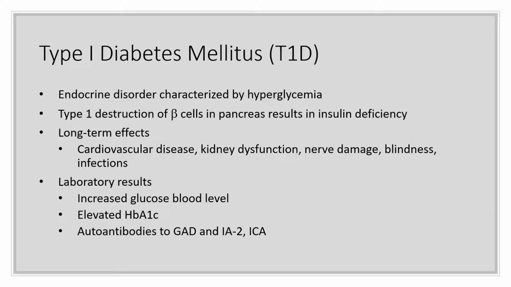The laboratory results, and you haven't had hemoglobin A1C in chemistry, I understand, but you will obviously have a higher glucose level, resulting in a higher glycated hemoglobin. Questions on that I can answer in class. Those are the specific autoantibodies involved against the Langerhans cells. Moving on.